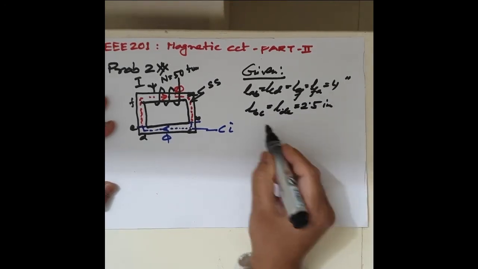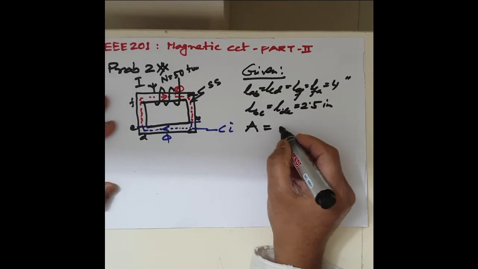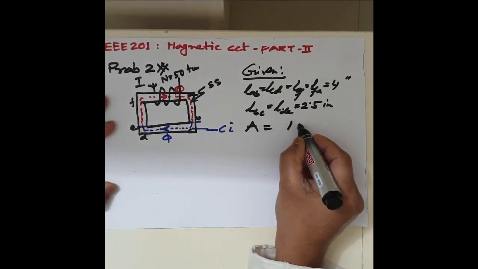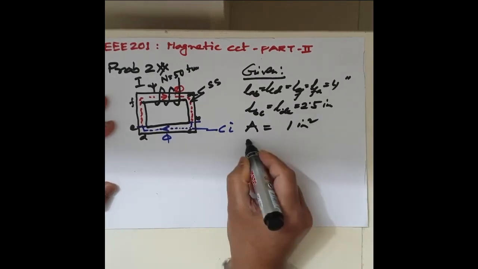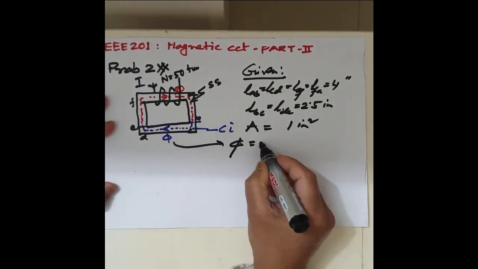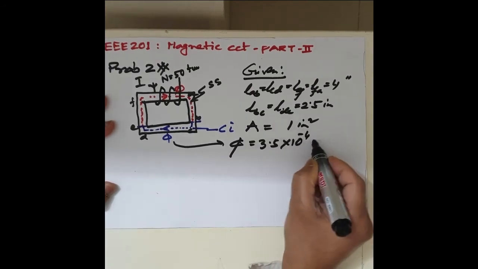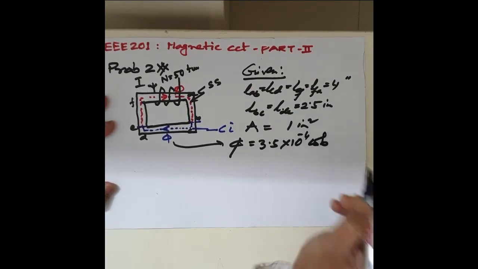These are the given parameters, and the area A is given there as 1 inch square, and phi, that is the flux flowing, is given here as 3.5 into 10 to the power minus 4 Weber.